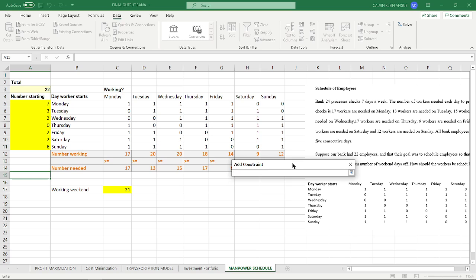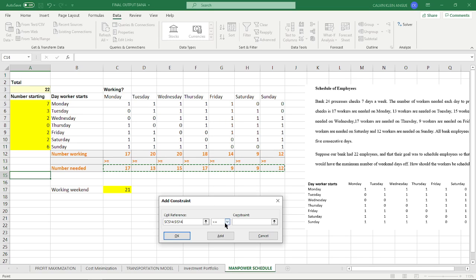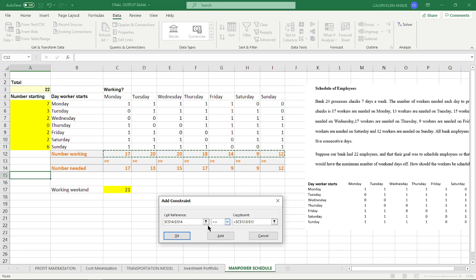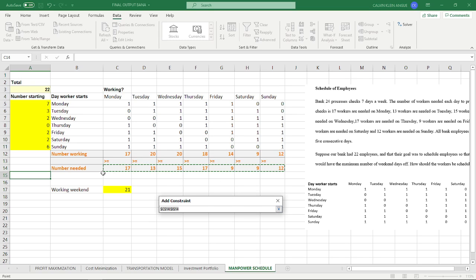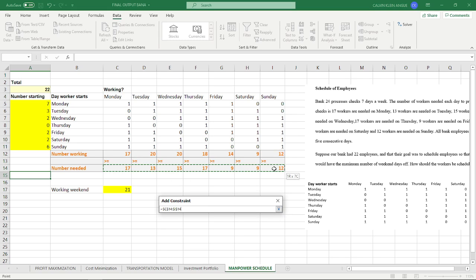Then our constraints are this part, and it should be greater than or equal to the numbers needed.